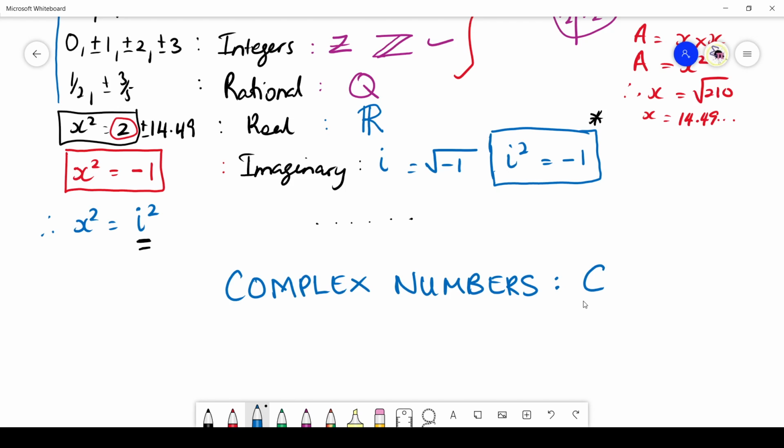It can be plotted on the Cartesian plane, but we'll get into that later. For now, a complex number takes the special form of z, and this is a different Z from the set of integers, mind you. It takes the special form of z = x + iy.